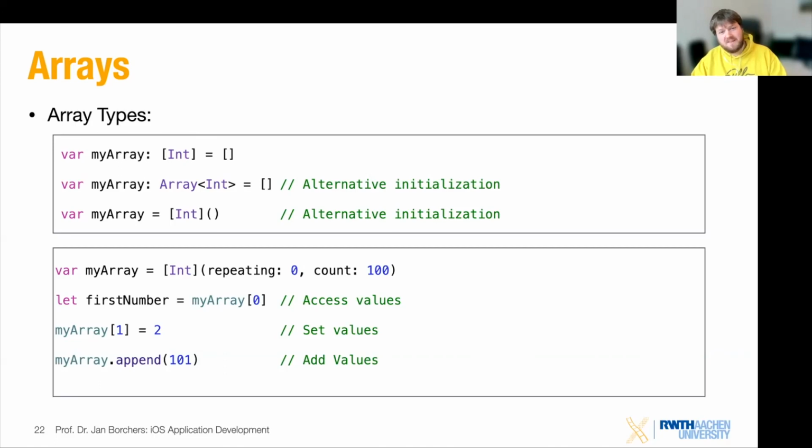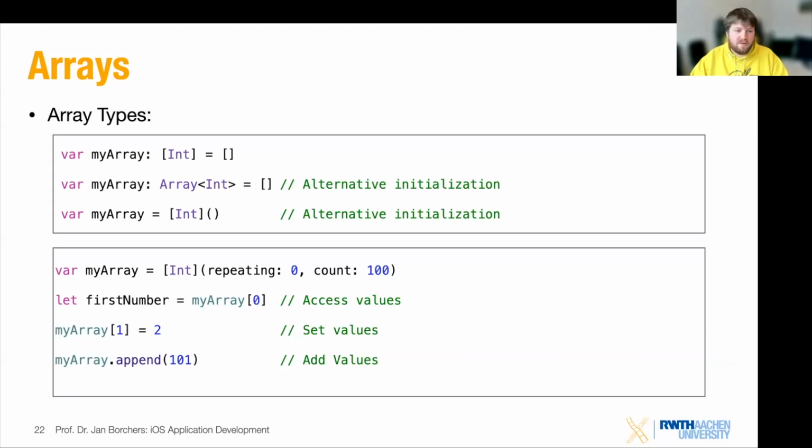Pointy brackets, something like that, maybe, and have the type in between. That is just mentioning, okay, this is an array, and the type that the array will have is also integer. So it's a different way how you can specify the type of this array.